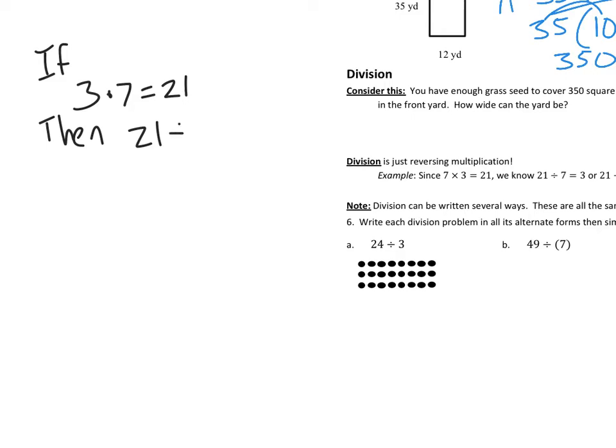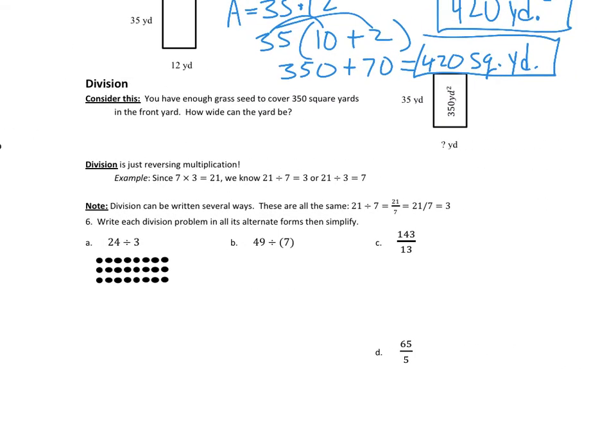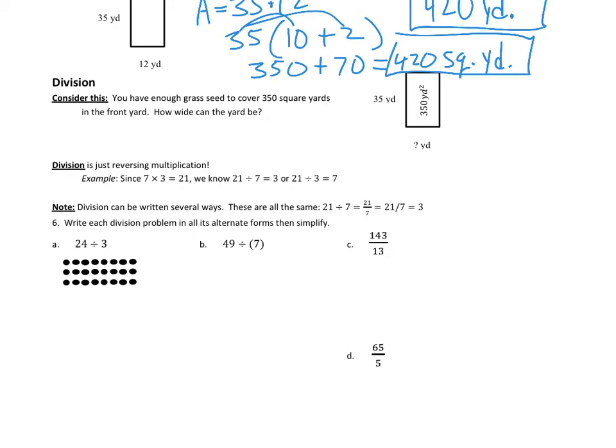I'll go ahead and write it out. We're going to write division as a fraction, but we know 21 divided by 7 is 3. You can think of it as asking, what number do you multiply by 7 to get 21? And that number is 3, as we just saw. Okay, so that's the idea. So division flips this around.